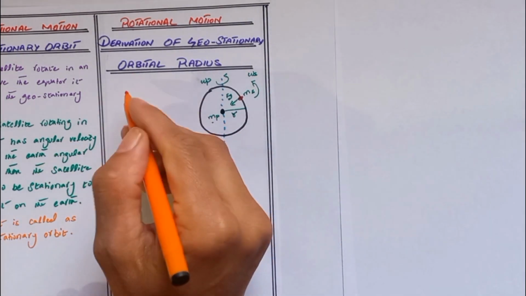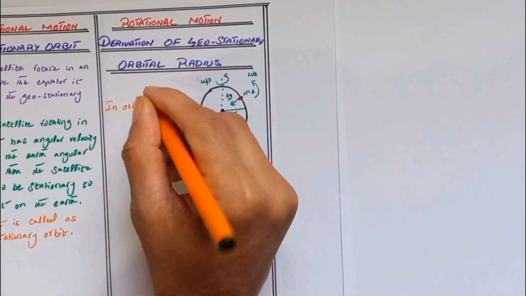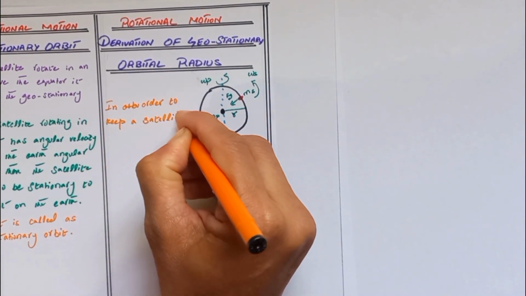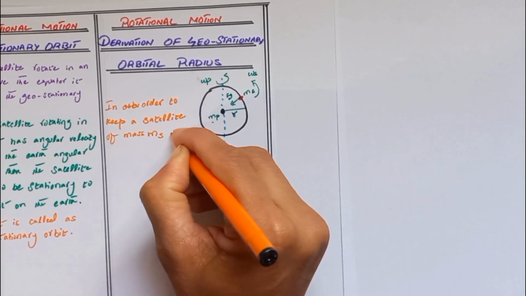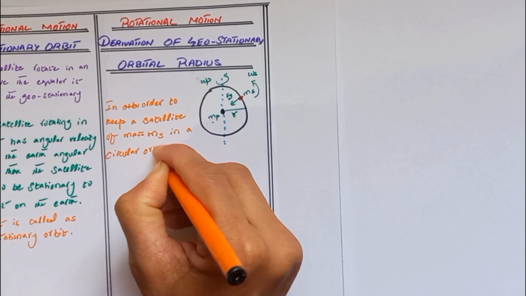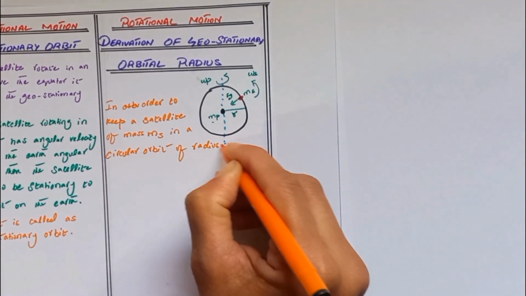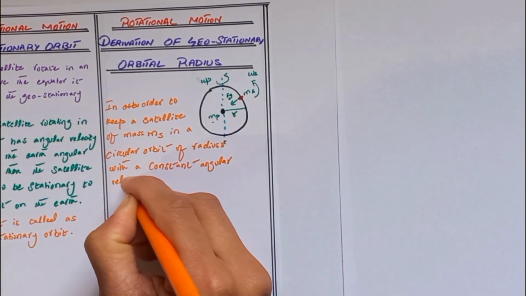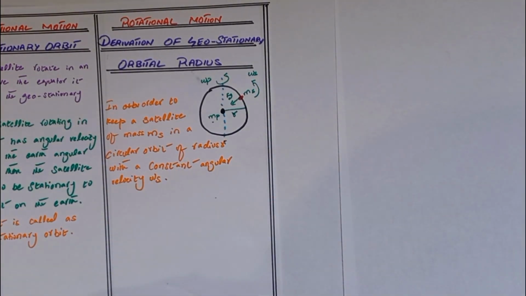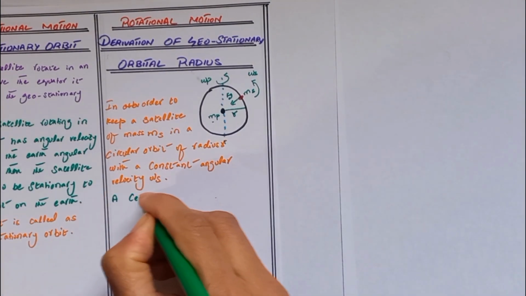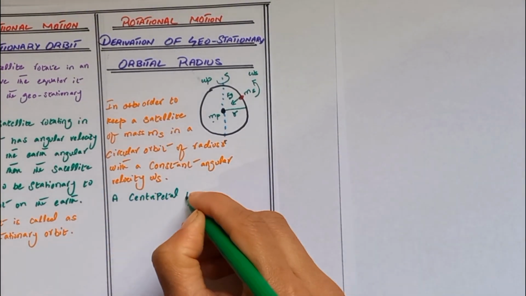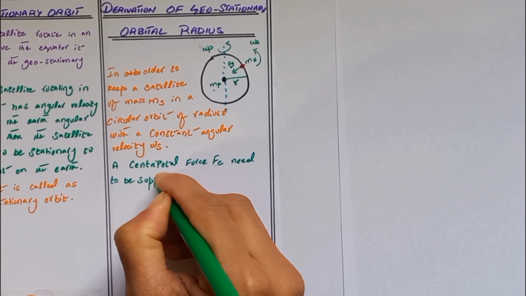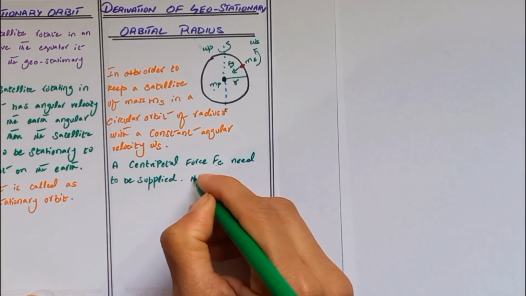So now we derive the equation. In order to keep a satellite of mass ms in a circular orbit of radius r with a constant angular velocity omega s, a centripetal force Fc needs to be supplied here.